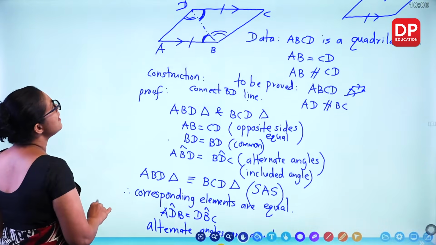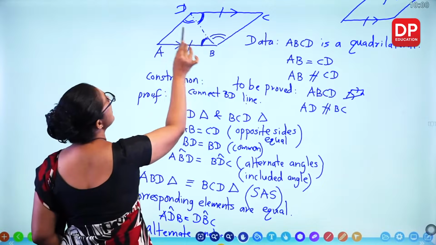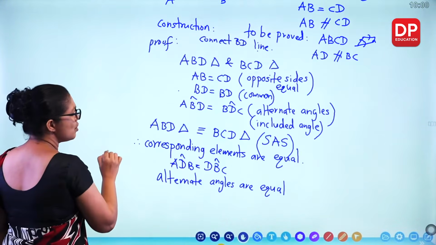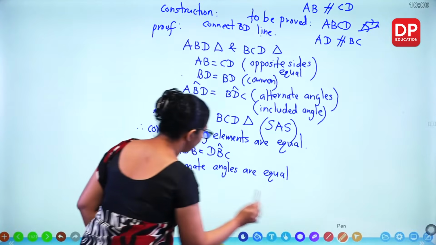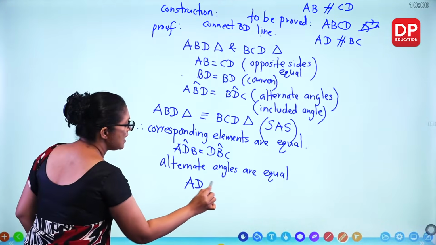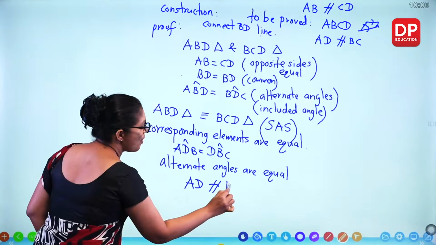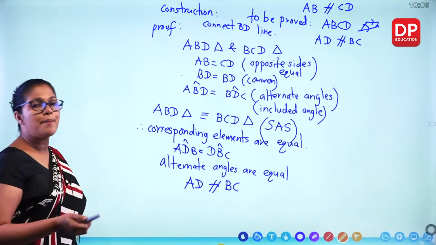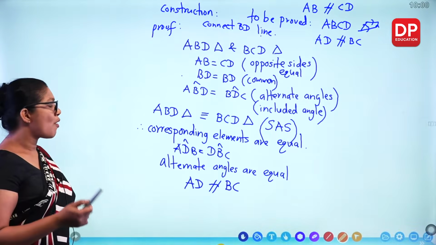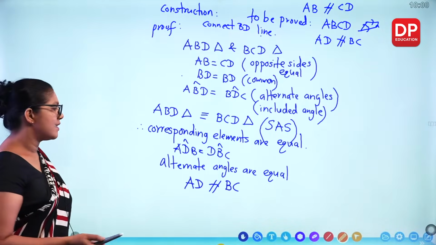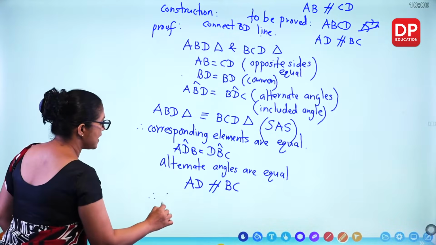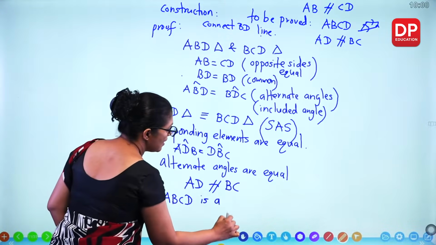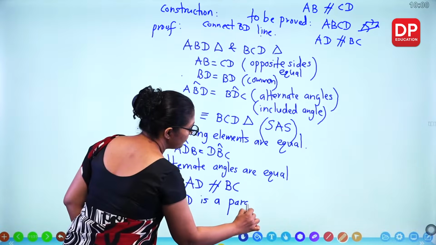So these two angles are equal means AD is parallel to BC. Now we found out the other pair of opposite sides is also parallel. Therefore, we can say ABCD is a parallelogram.